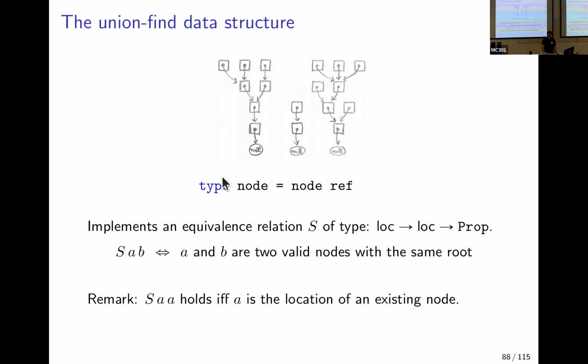So it doesn't matter. This structure implies some equivalence relation, which is the union-find's intended equivalence relation. Two elements are related if they point to the same root.